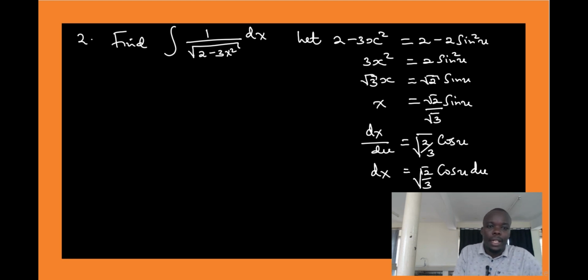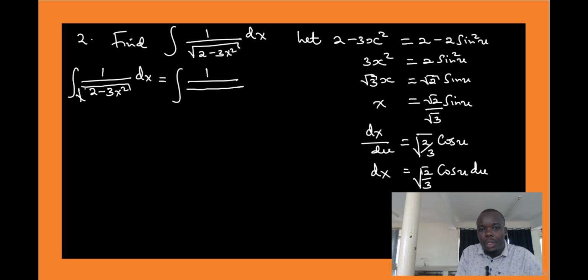I say now the integral of 1 out of the square root of 2 minus 3x squared, dx, is going to be the same as the integral of 1 out of, remember, we are now substituting 2 minus 2 sine squared u for 2 minus 3x squared.